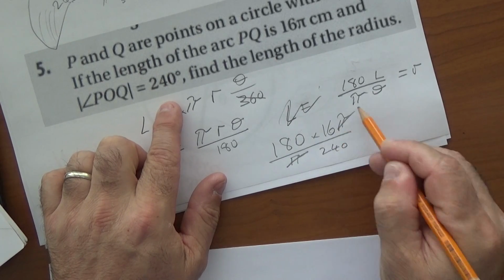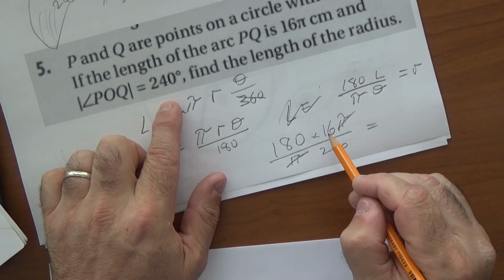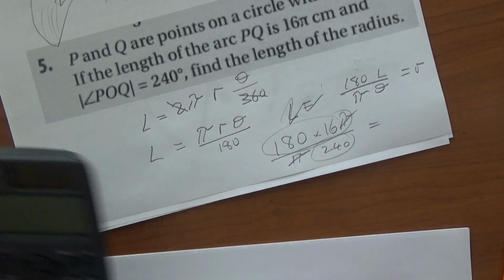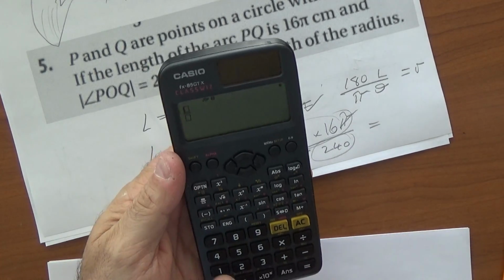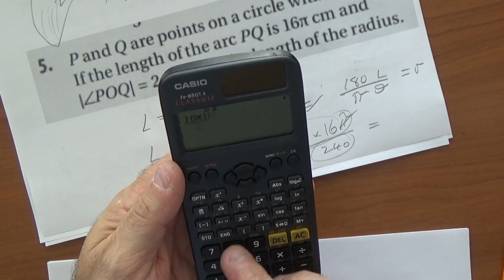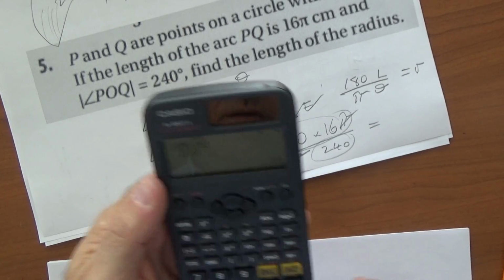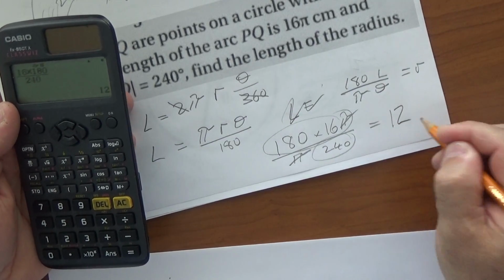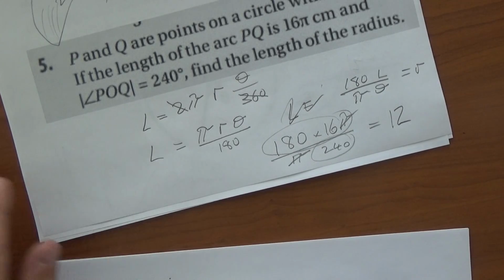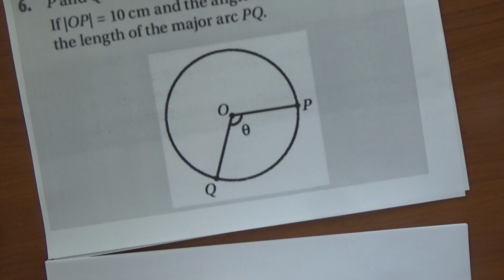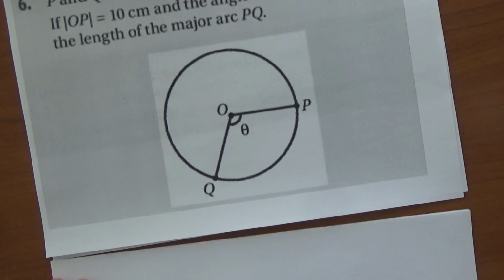I'm trying to get the radius. So the pi's cancel, and we're getting that the radius is equal to 16 times 180 over 240, which is equal to 12. Okay, that's question 5. And on to question 6.